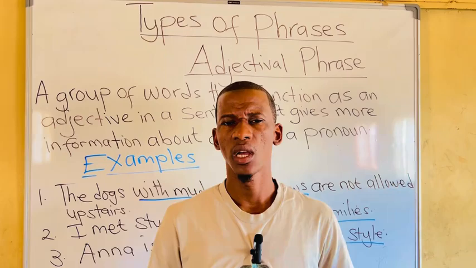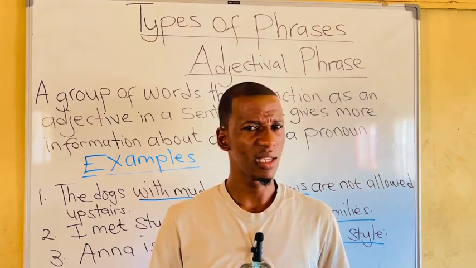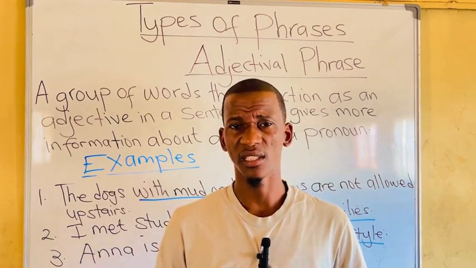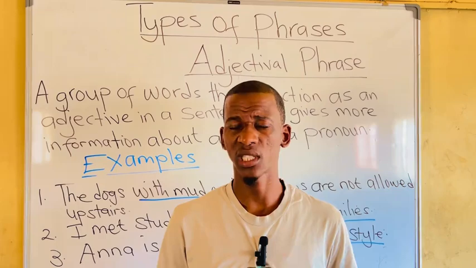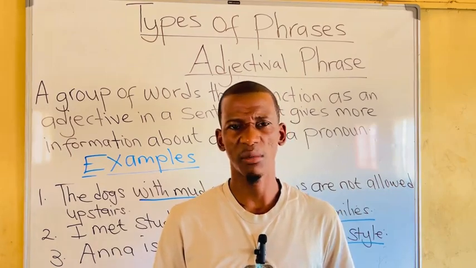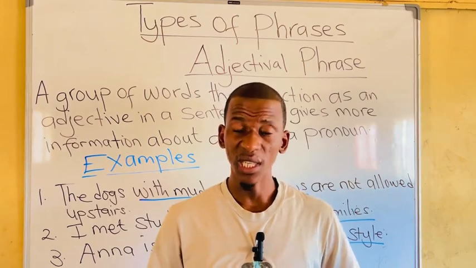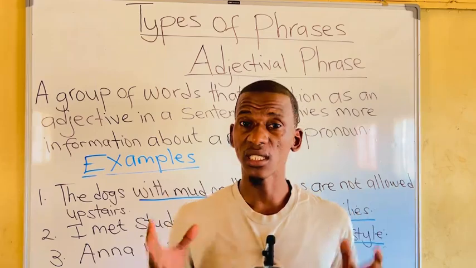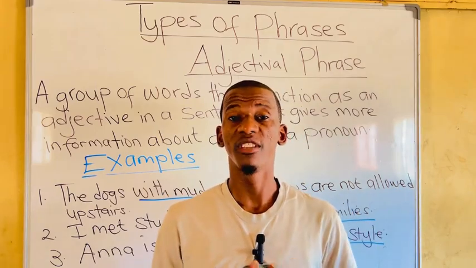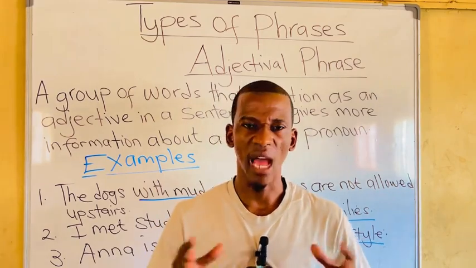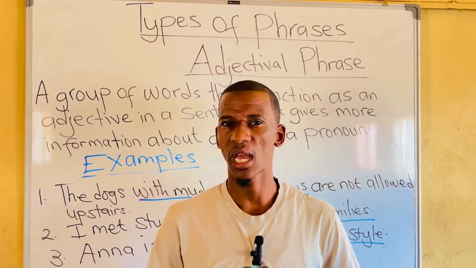Example also, my sister is a slim girl. You can also see that in this sentence there is an adjective which is the word slim, which is describing the noun girl. Slim girl. So basically in the English language, adjectives modify, qualify, describe nouns or pronouns. That is what adjectives do.